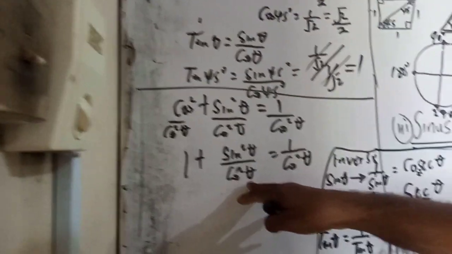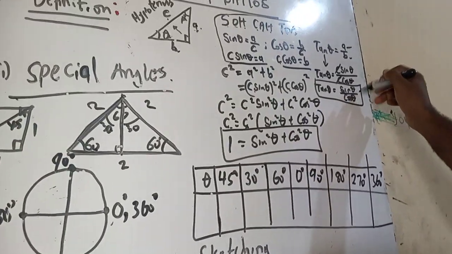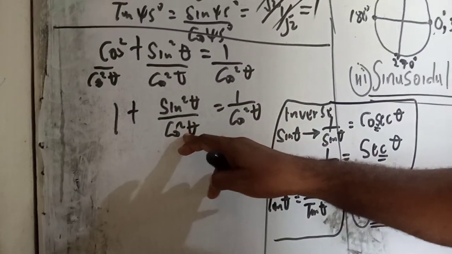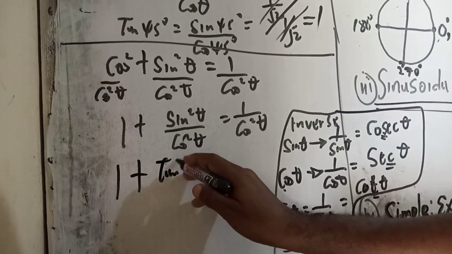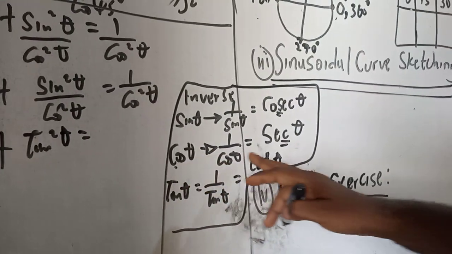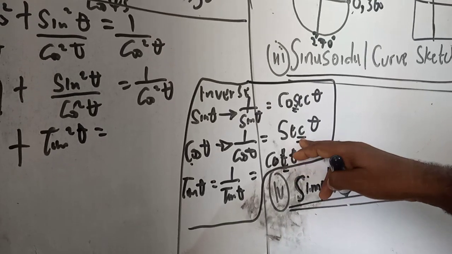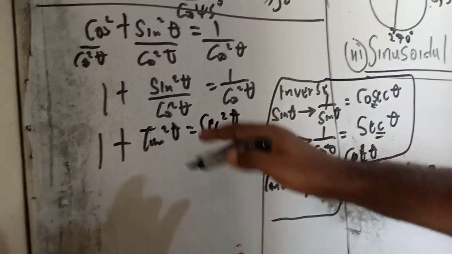So if you look at it here, I have established sine theta over cos theta. So sine square theta divided by cos square theta is going to give us tan square theta. And then 1 over cos square theta from this inverse trigonometry ratio is sec square theta.